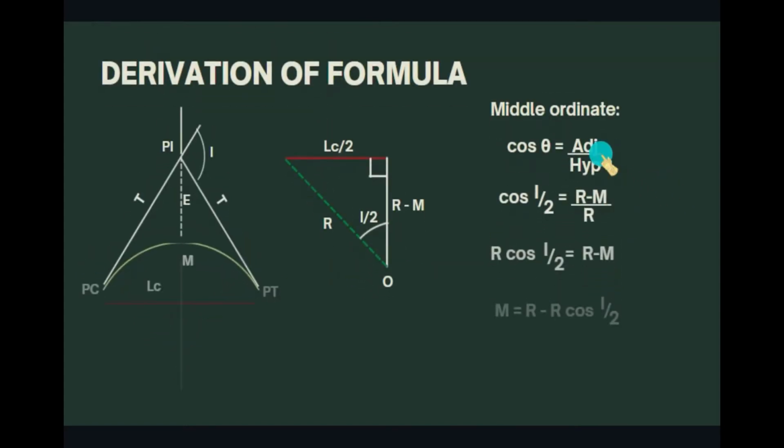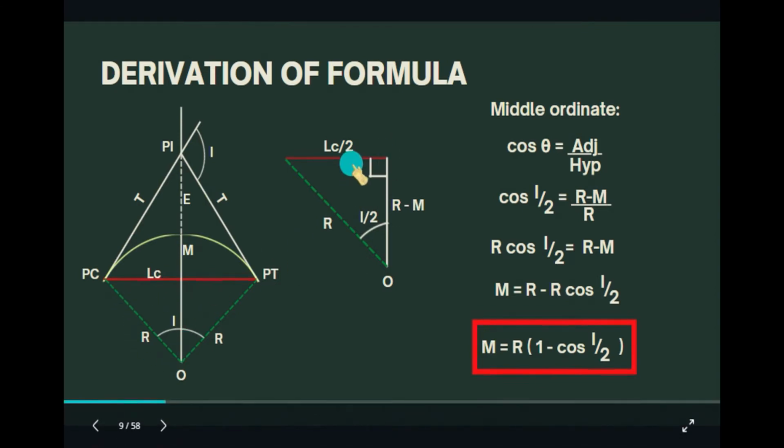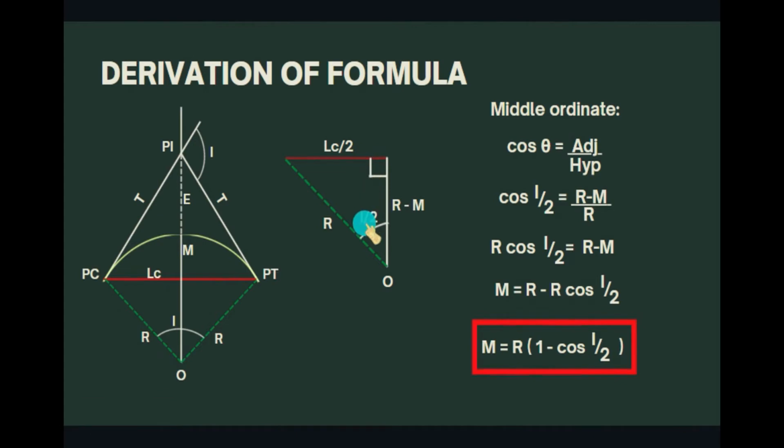Then we can compute for the next element, which is M, or the middle ordinate. So we can extract this triangle in which this angle is 90 degrees, since it is always perpendicular to the chord of our simple curve. So the angle here is still I over 2.